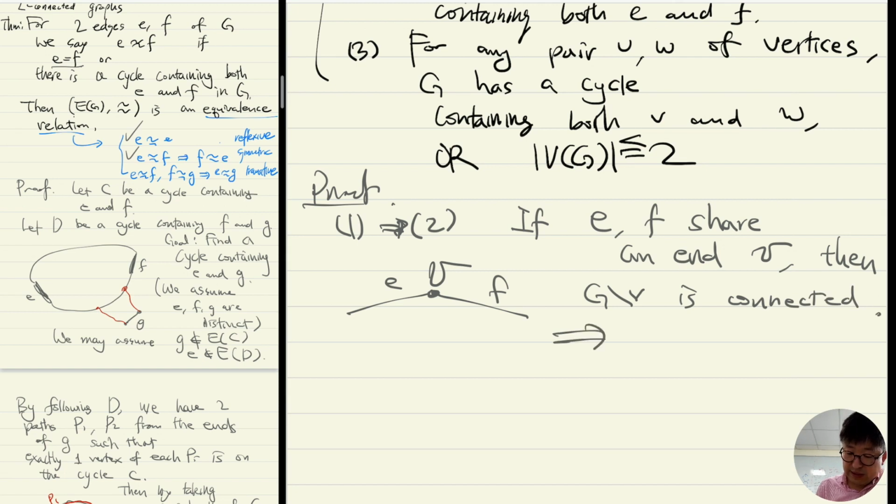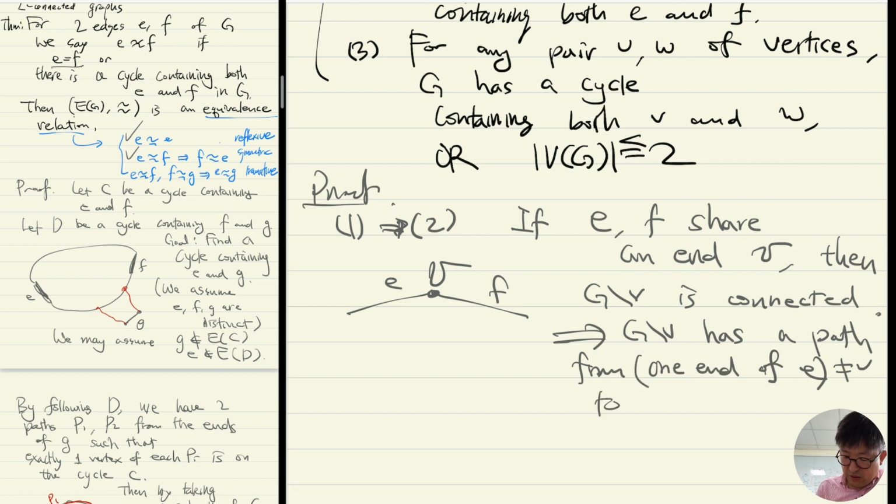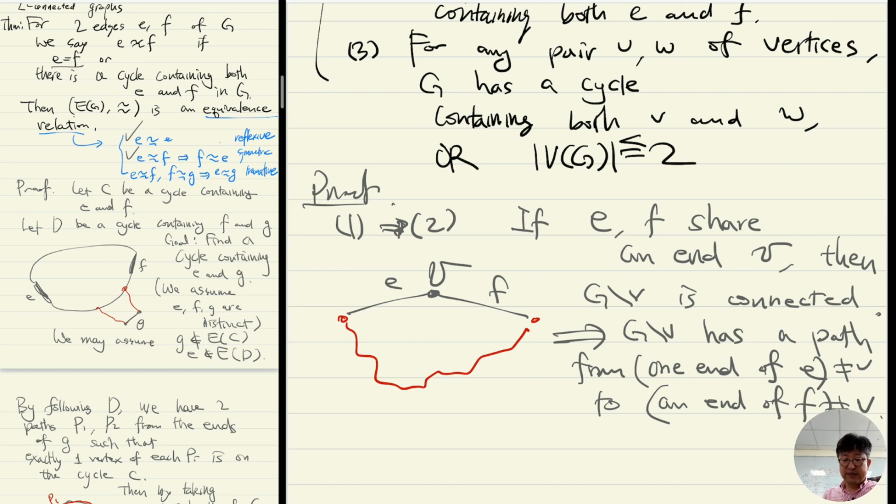So that means G delete V has a path from an end of E other than V to an end of F other than V. So I can find the path in G delete V connecting these two vertices.